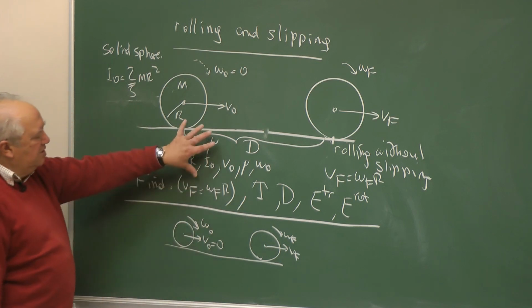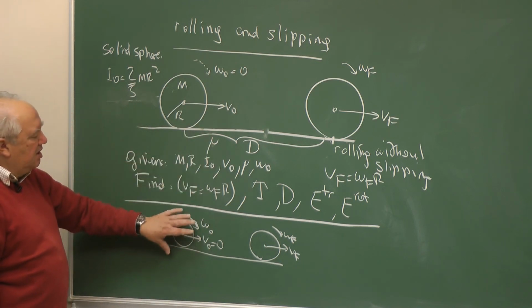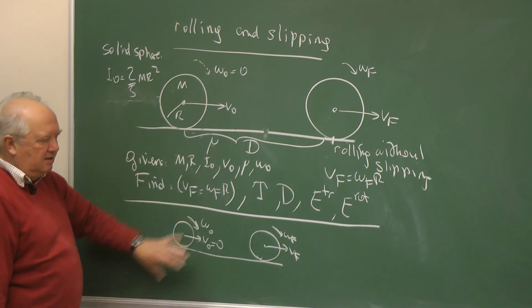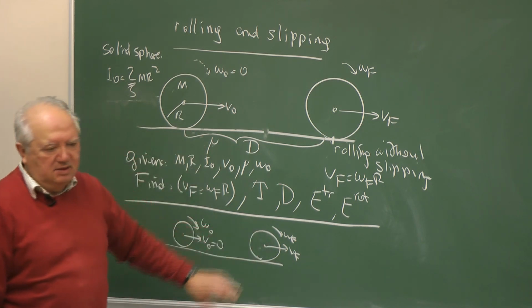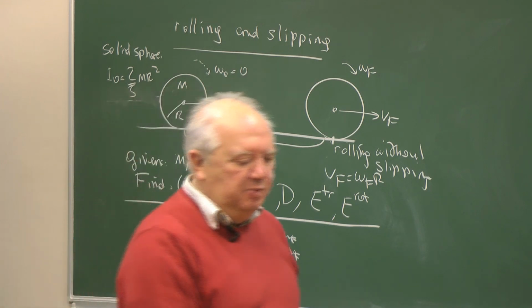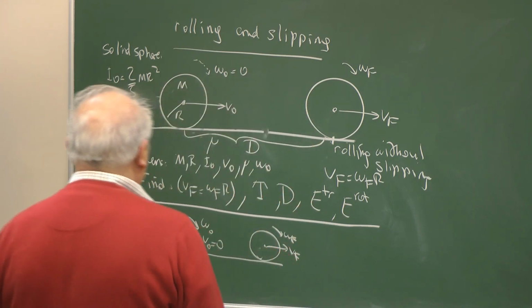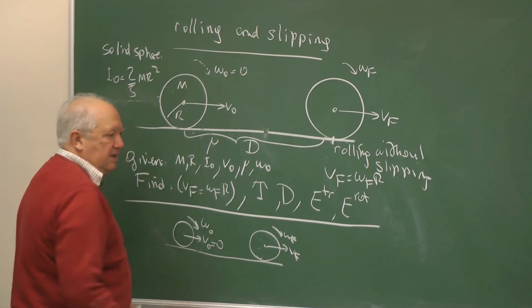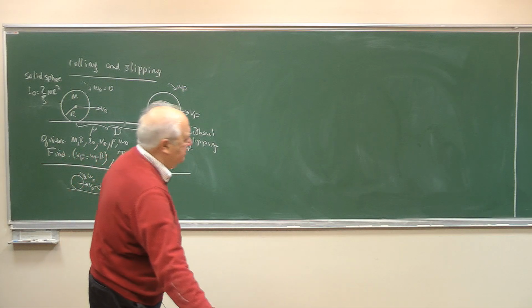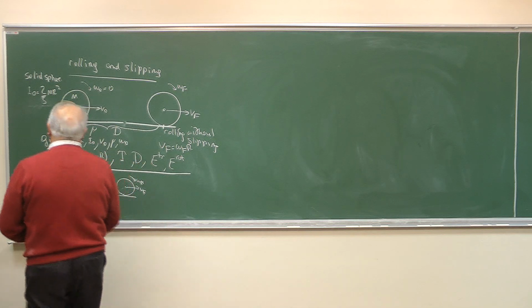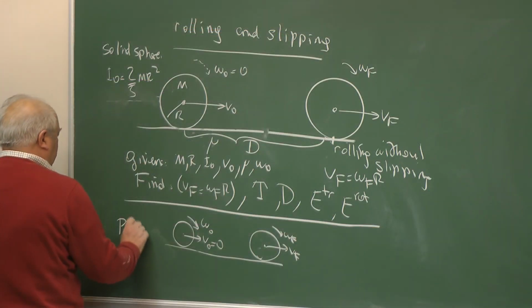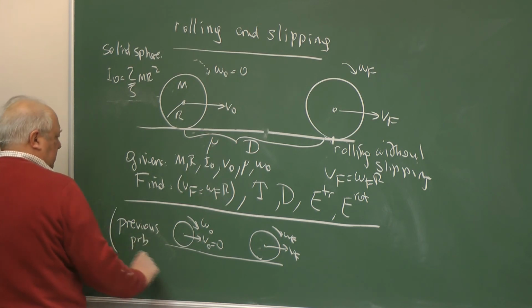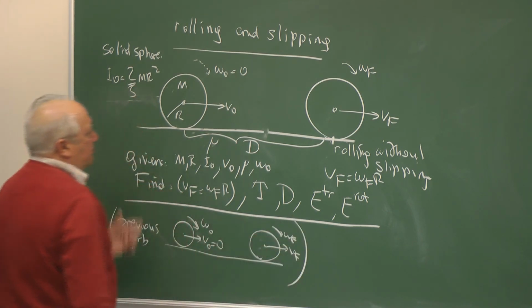So we will solve this problem, but it is instructive to compare the results of this with the results of that. Okay, this is already in the playlist of the problems solved. This is a previous problem, solved. Okay, so we will solve this one.